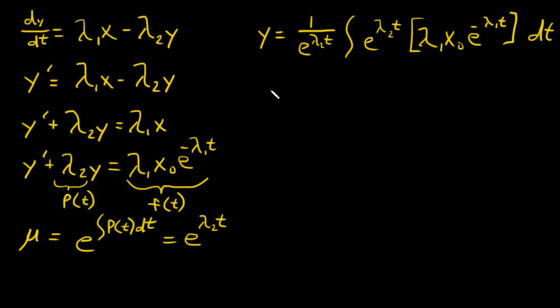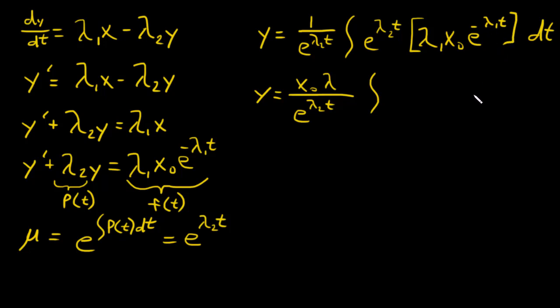I'm going to wind up with y is equal to, I'm going to swap the order, x naught lambda 1 over e to the lambda 2 t times the integral of, the only thing that's left is this piece times this piece, right?